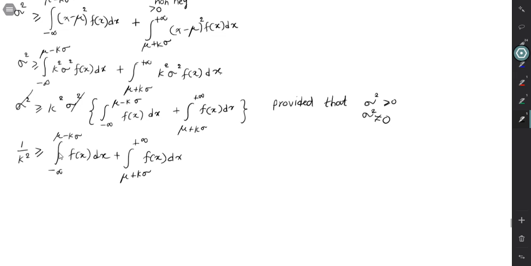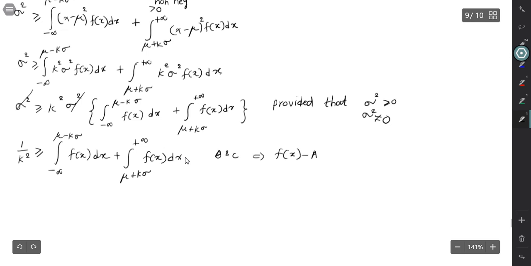Okay, so this is actually the area B and C, right? And that is your whole fx minus A. So we can write this as, okay, so what is this area?